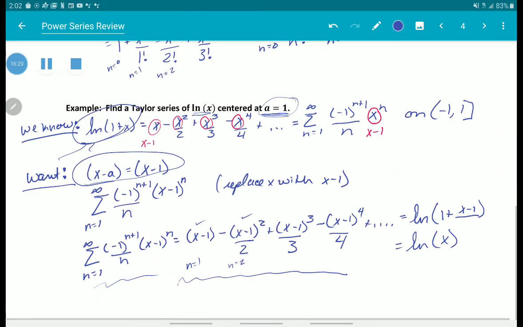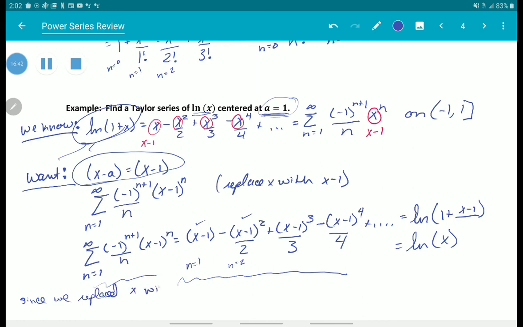So if we replace x with x minus 1, that x minus 1 is going to shift this graph to the right 1 unit, which means it's going to shift that interval to the right 1 unit as well.